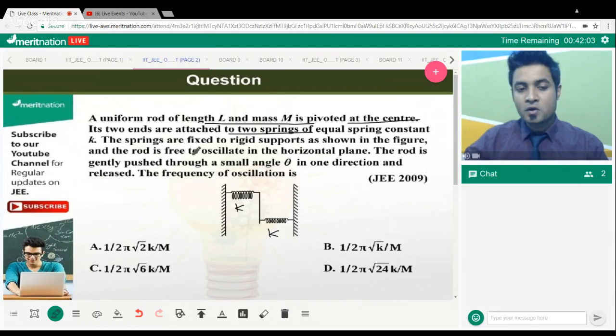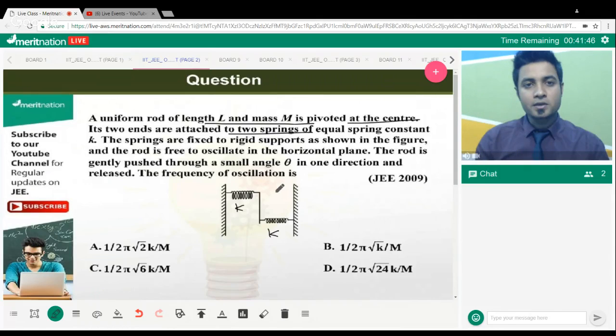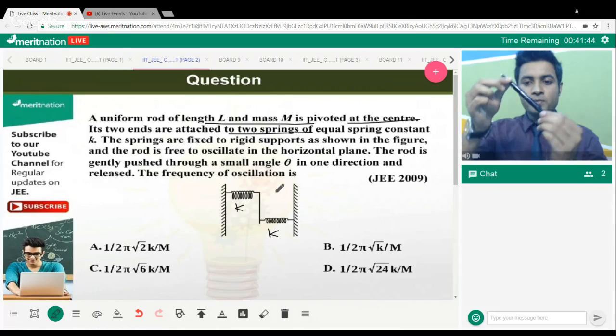The rod is free to oscillate in the horizontal plane. The rod is gently pushed through a small angle theta. We have just twisted that rod to a small angle theta, and it will oscillate in this way.